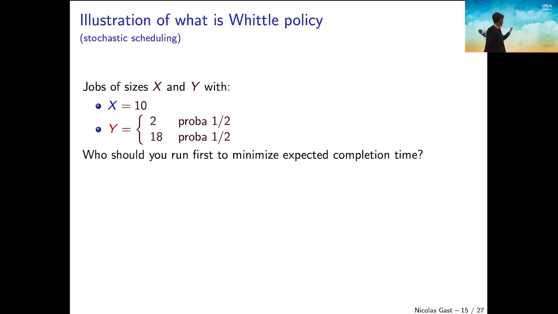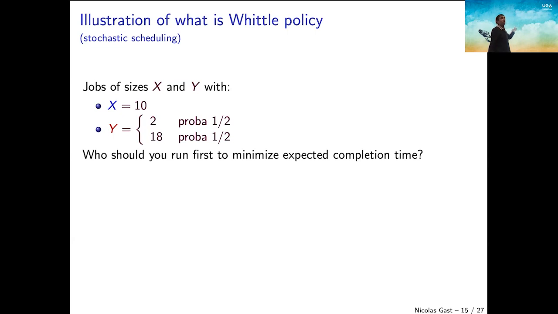The thing is that they have exactly the same expected duration. So you could say, expected duration is the same, so I can start by X or Y, it doesn't make a difference. But in fact, if you start by Y, there is a small probability that you will finish Y pretty soon.